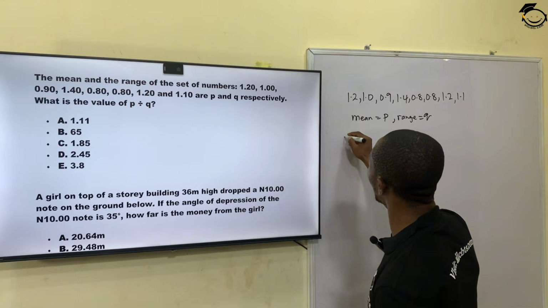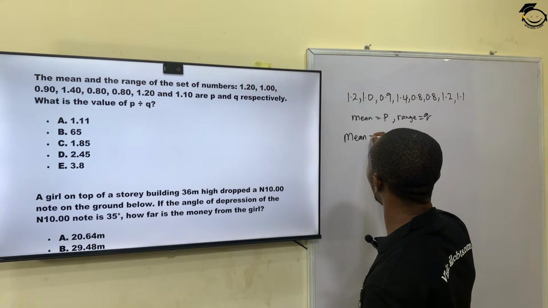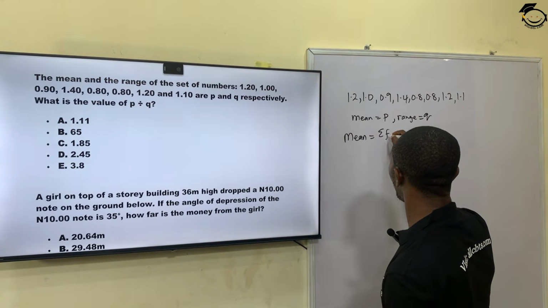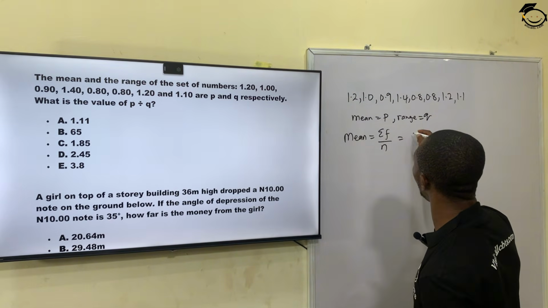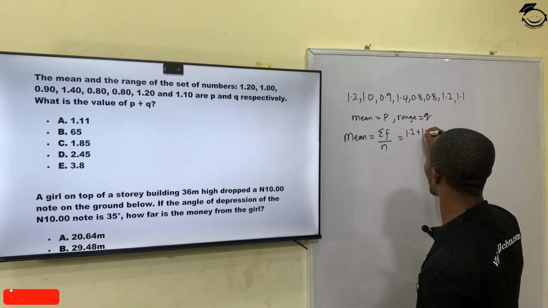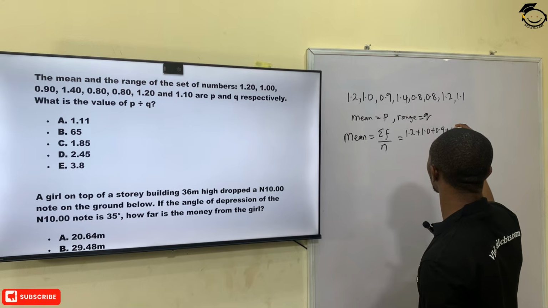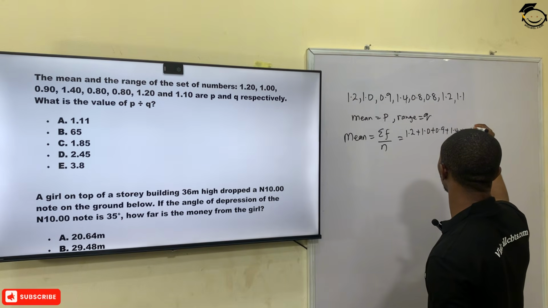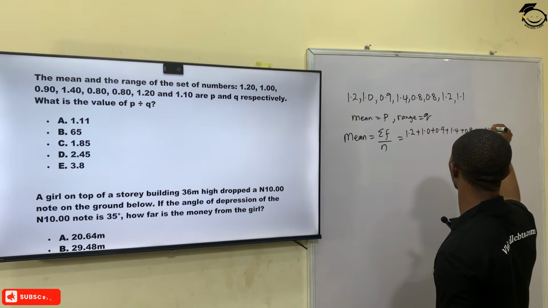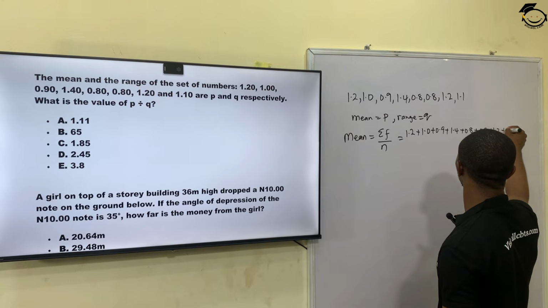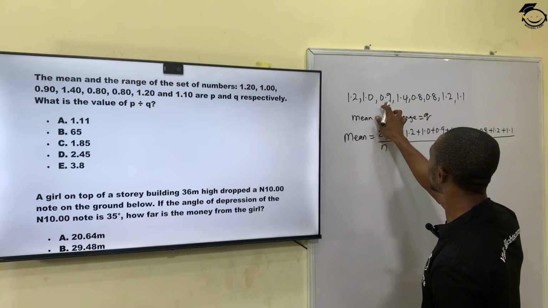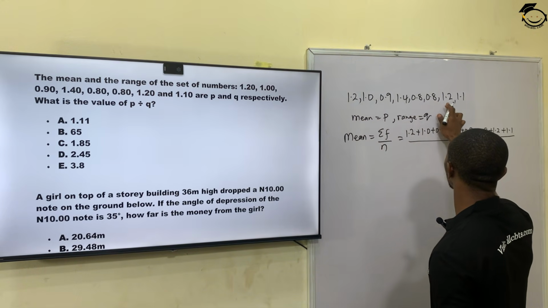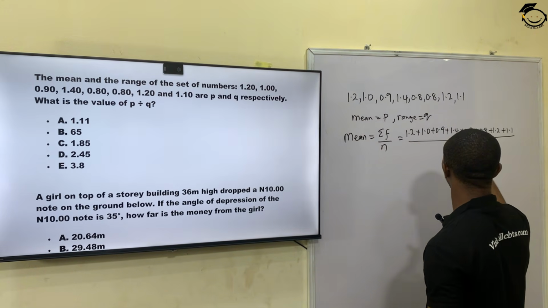Now, for us to find the mean, it is sigma f over N. All right. So in this case, our mean will be 1.2 plus 1.0 plus 0.9 plus 1.4 plus 0.8 plus 0.8 plus 1.2 plus 1.1, all divided by 1, 2, 3, 4, 5, 6, 7, 8, all divided by 8.